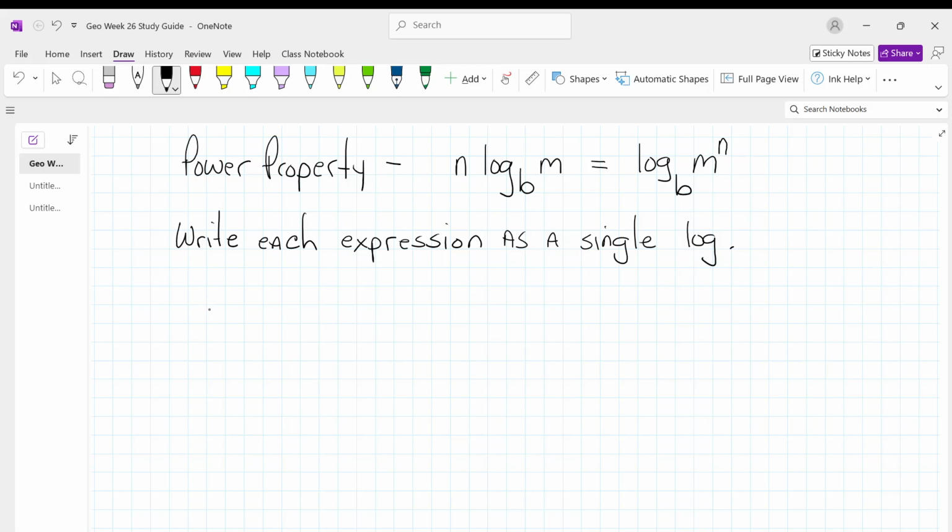So let's look at log 4 of 32, I'm sorry, and we're subtracting log 4 of 2.